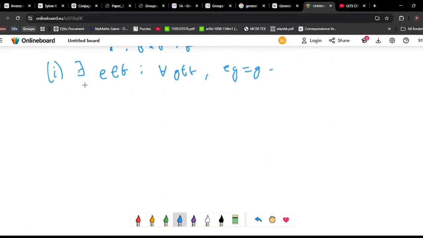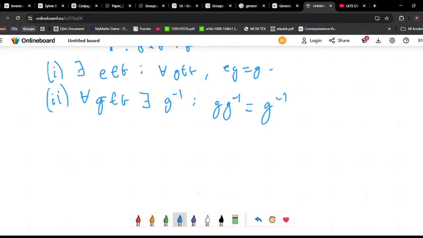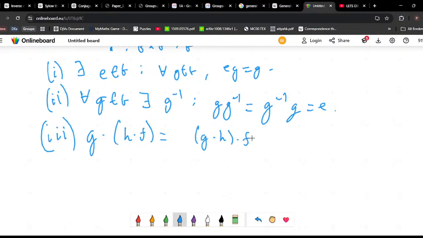What else do we have? We have that for all g in G, there exists some g inverse such that g inverse g is equal to E. So we have inverses too. And we have associativity. So g times h times, I forgot what the standard one is, what's the third letter that people use? I don't remember.